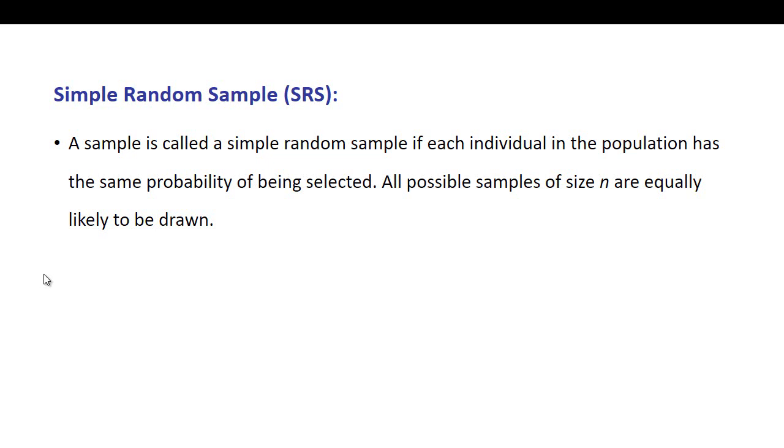So let's say we are picking a sample of BGSU students, and let's say we are picking 300 students. If our sampling method is such that any student is equally likely to be picked, or any sample of 300 students is equally likely to be drawn, then that's a simple random sample.